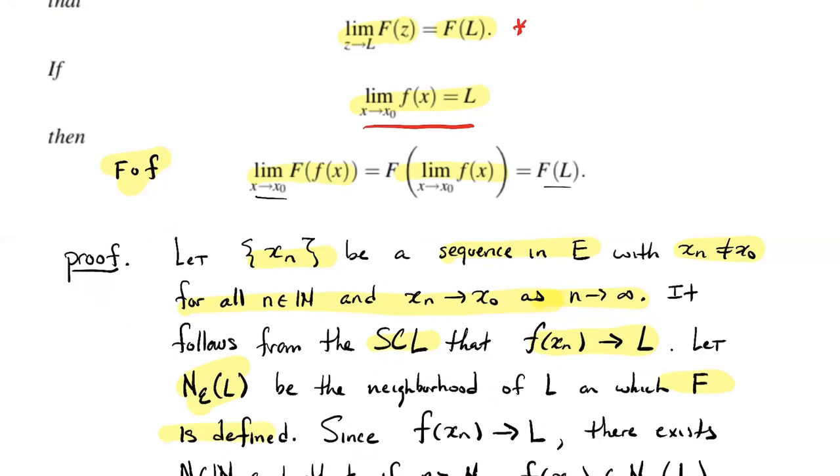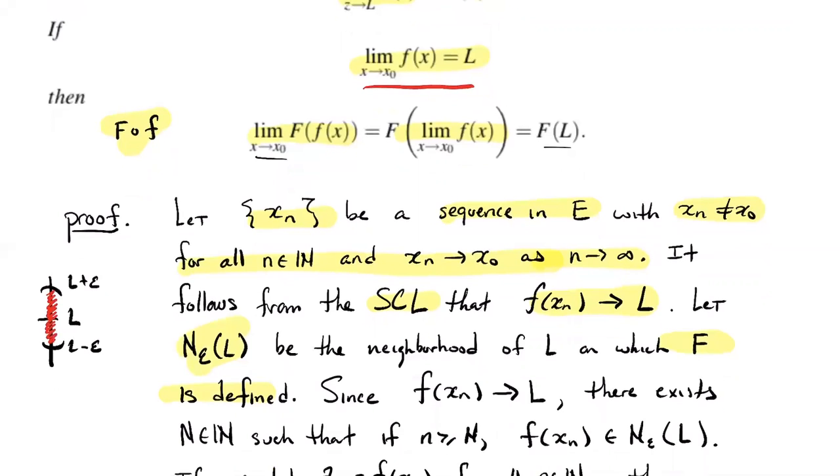I'm going to maybe draw a picture over here and put it on a vertical axis. So here's this L, and there's some epsilon neighborhood, L plus epsilon, L minus epsilon, on which all the inputs in that interval can be plugged into capital F, right?